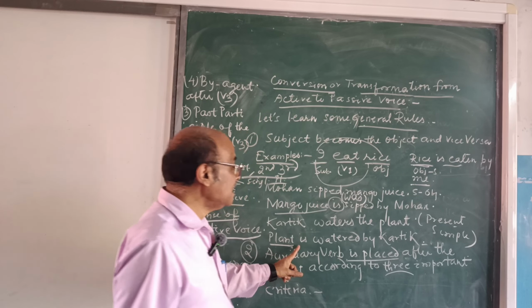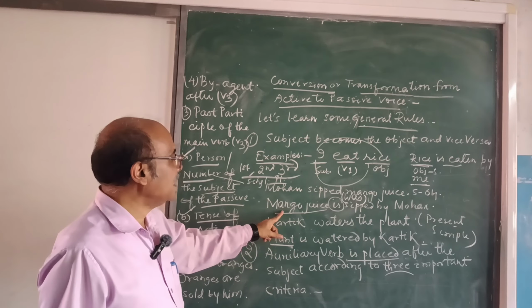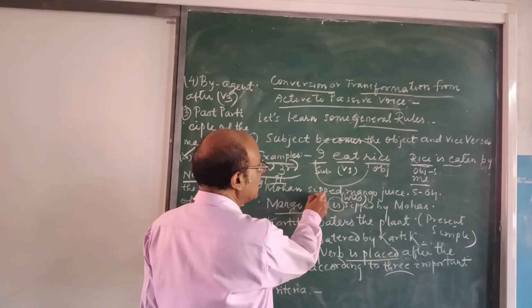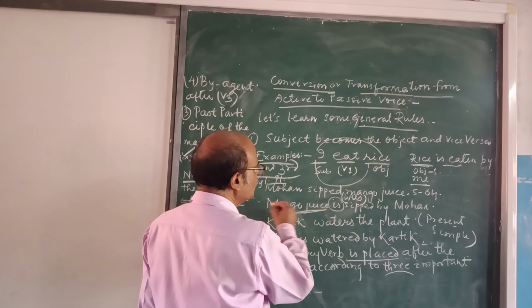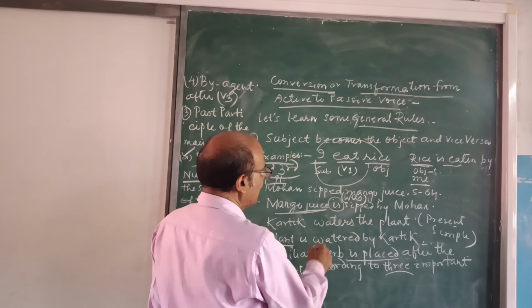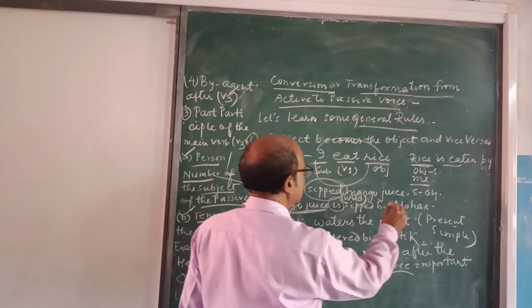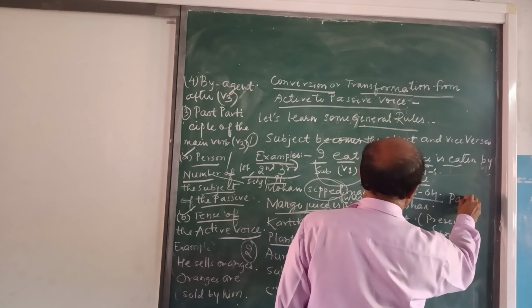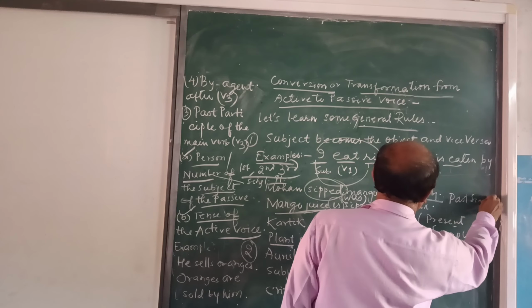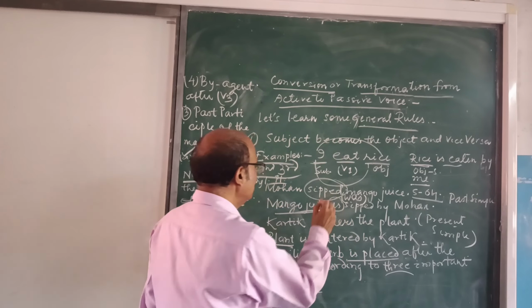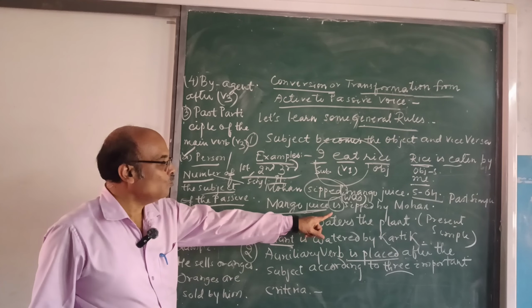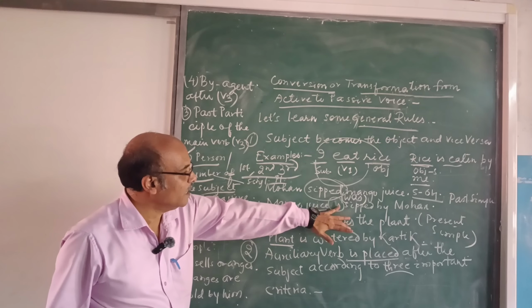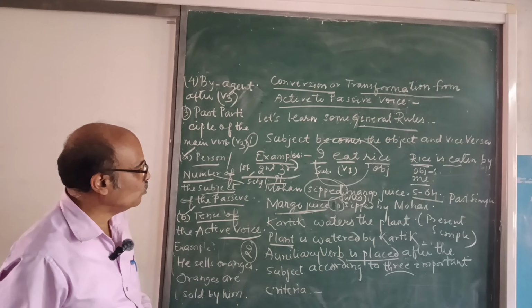So, it becomes is watered. But here, Mohan sipped mango juice. Sipped is your past tense. This is your past simple. Therefore, the auxiliary verb placed will be was, not is. It will be was sipped by Mohan.